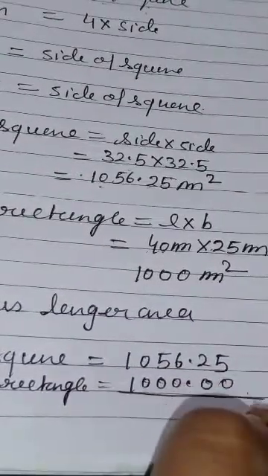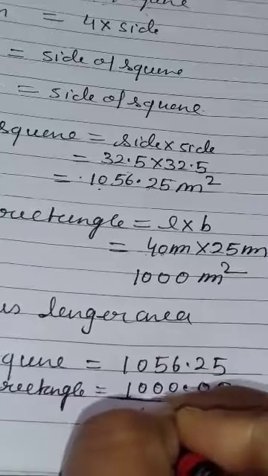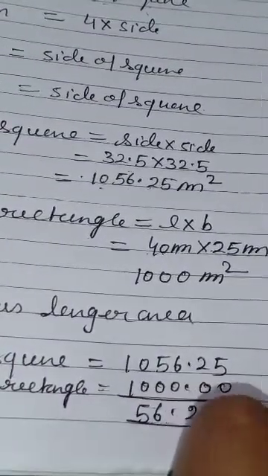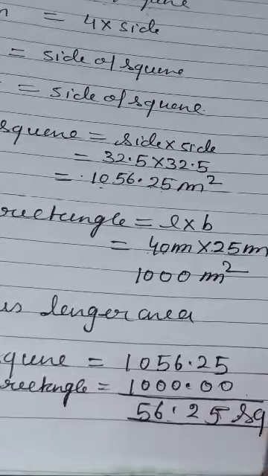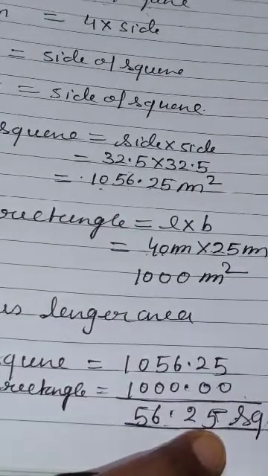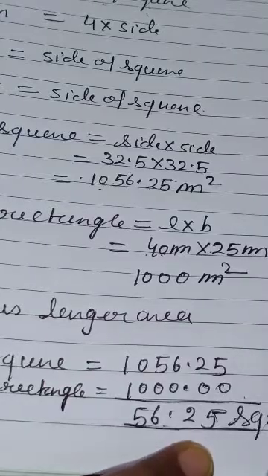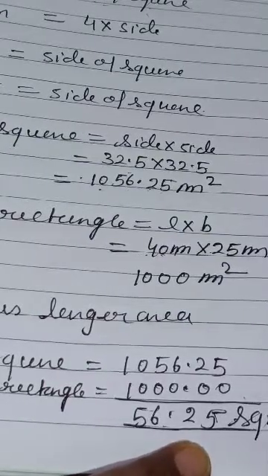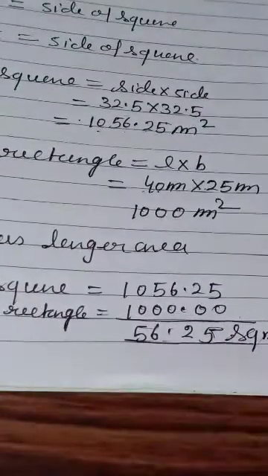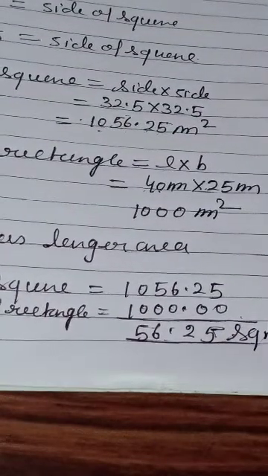So subtract: 56.25 square meter. This much greater area has the square. Square has 56.25 square meter greater area.